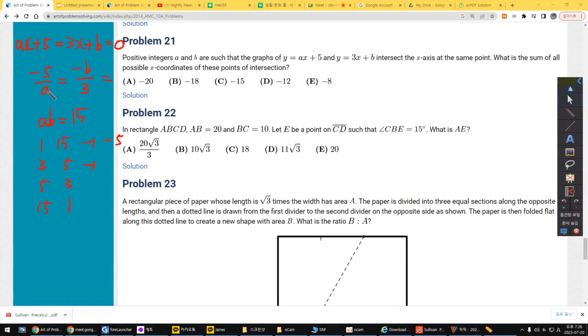And for the second case, the x-intercept is minus 5 over 3. Third case, minus 1. Fourth case, minus 1/3. So when you add all these 4 numbers, what's the sum of these negative numbers? Minus 8. Yeah, minus 8.